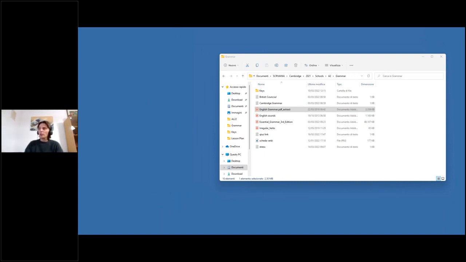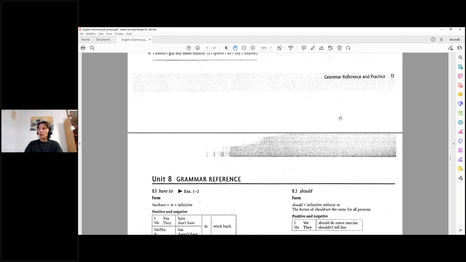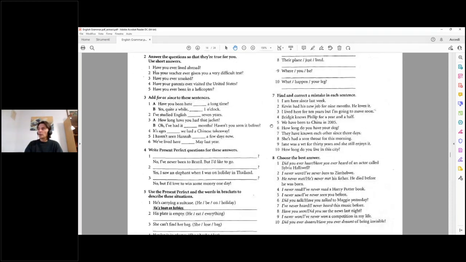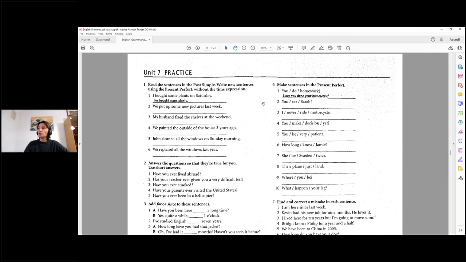Last lesson we covered grammar unit 7 about past perfects. I don't know if you did all the exercises, but this was the grammar practice, unit 7 practice that I asked you to do.